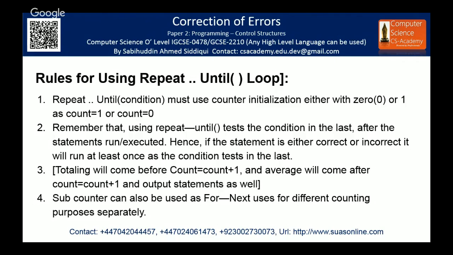Let's suppose the initial value of the counter is set before the repeat keyword, where you set the counter value as 0 or 1, whatever you like. If you have set count equals 1, the count has counted one value, so next time when the counter runs, it will have the second number.